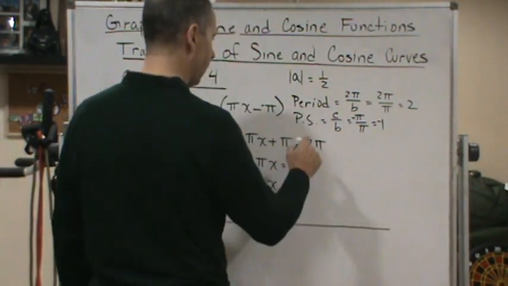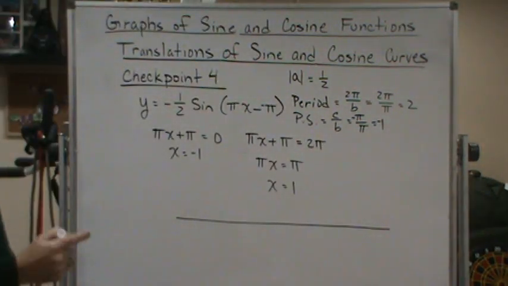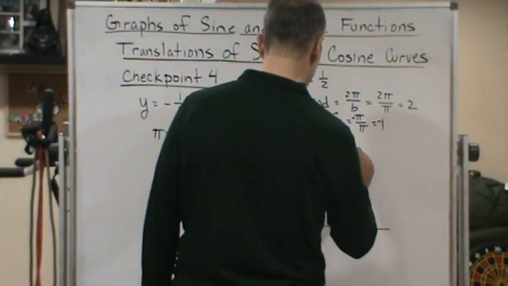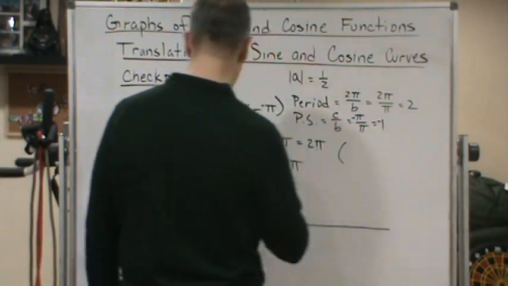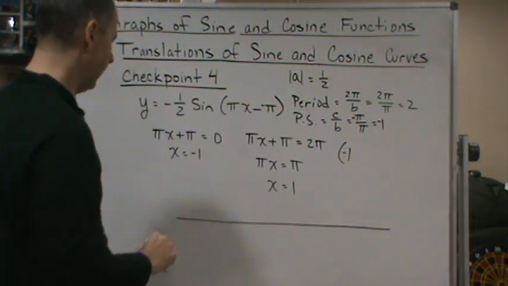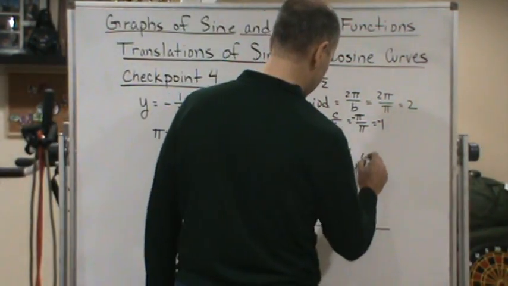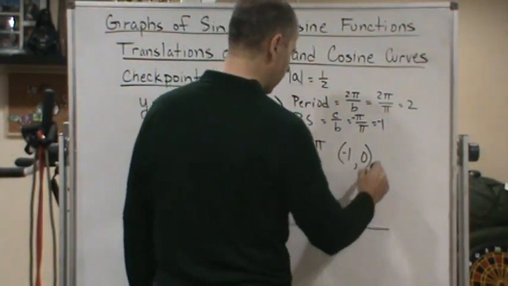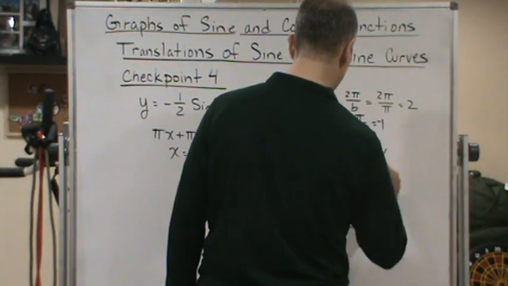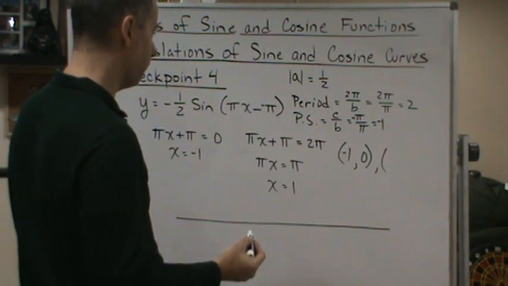So it's going to be 2 divided by 4, so it's going to be 1/2. Right? So we're going to start with -1. So it'll be -1 and it's going to start at 0 because it's sine. So -1, 0. And then the next point is going to be increments of 1/2.